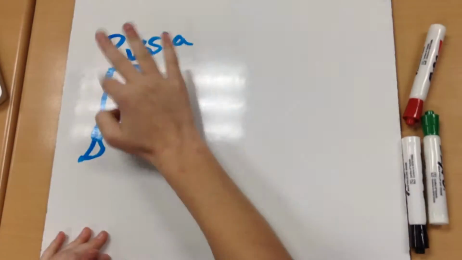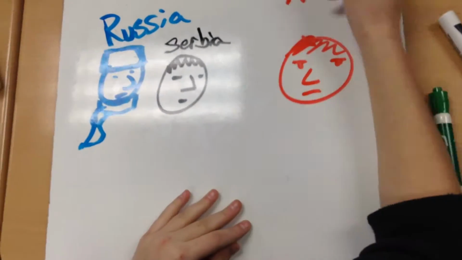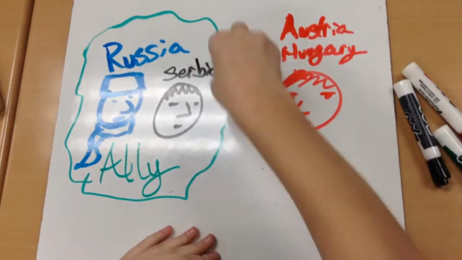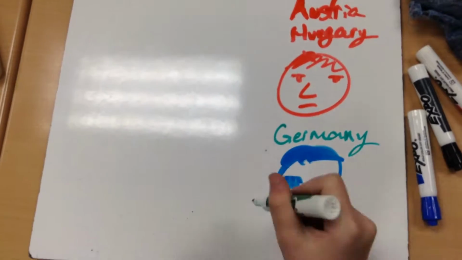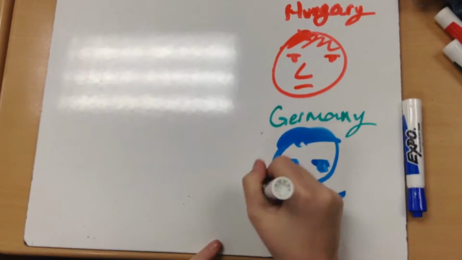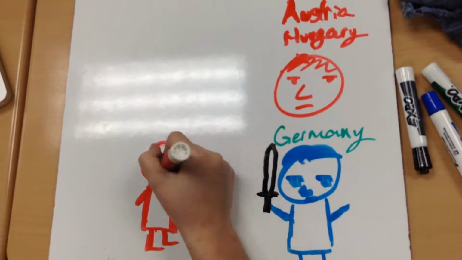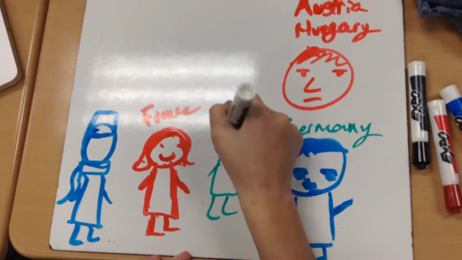Russia, who had formed a secret alliance with Serbia, got involved, and other countries that had formed alliances started to get involved. By August 4, 1914, Germany had declared war on Russia, France, and Great Britain. Sides were split into the Allies and the Central Powers, and soon most countries in Europe and some in Asia were involved in the Great War.